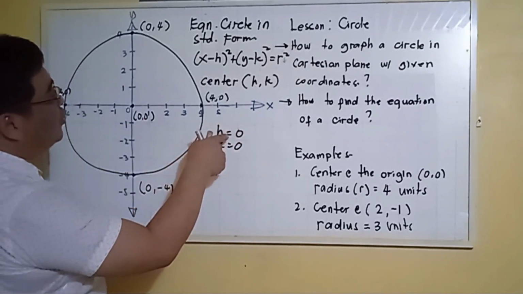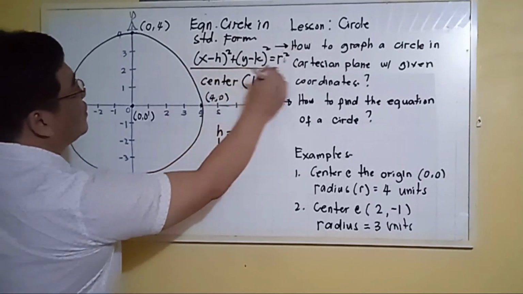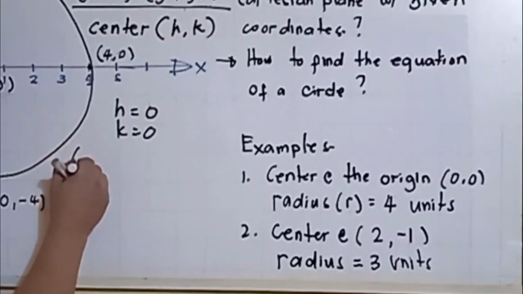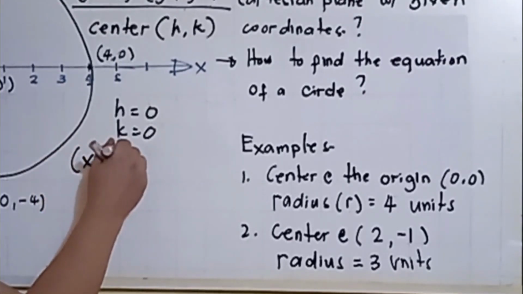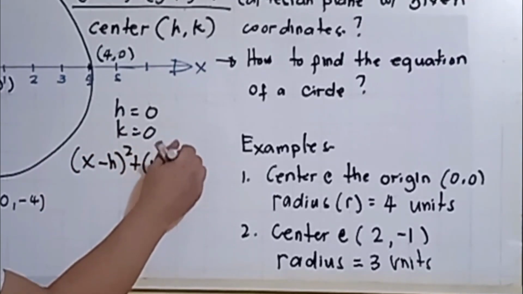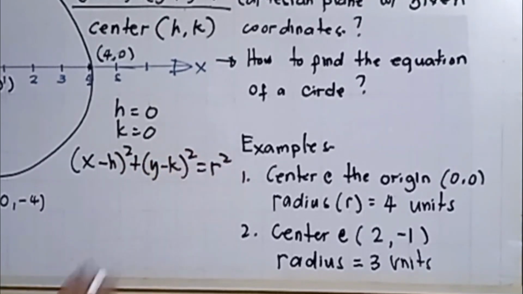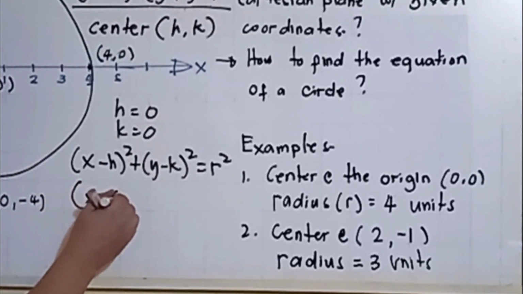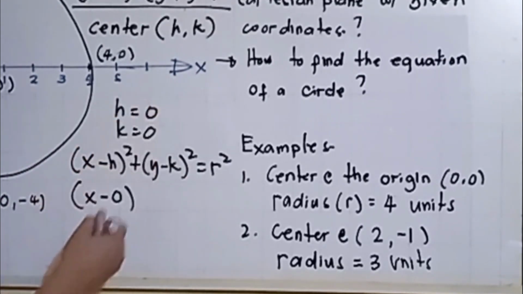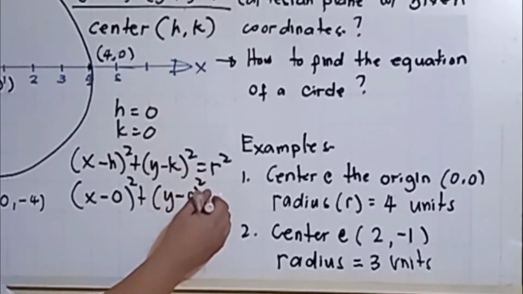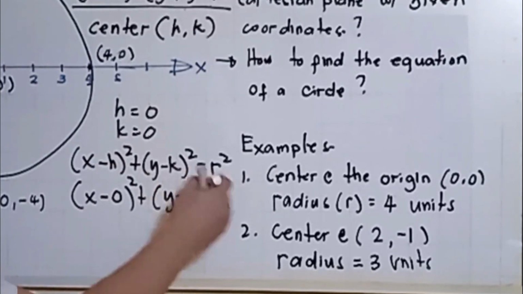So, simply substitute the value of h, k to the given equation of a circle in standard form. Kukopihin ko lang ulit: x minus h square plus y minus k square is equals to r square. So, substitute na natin. X minus 0 square, h is 0, plus y minus k, which is 0, square is equals to r square.